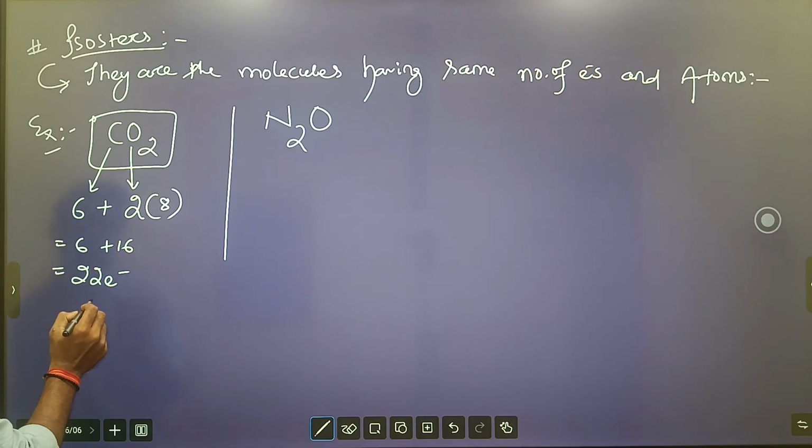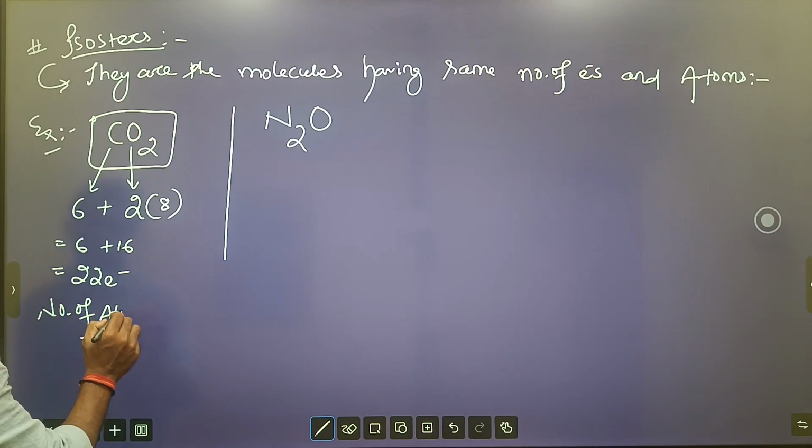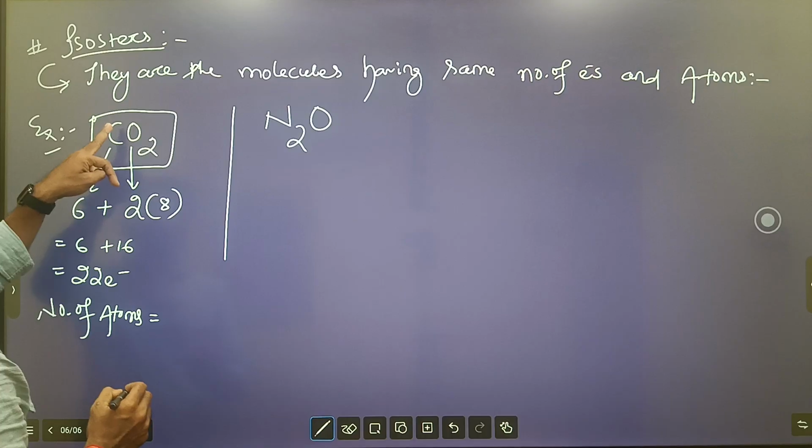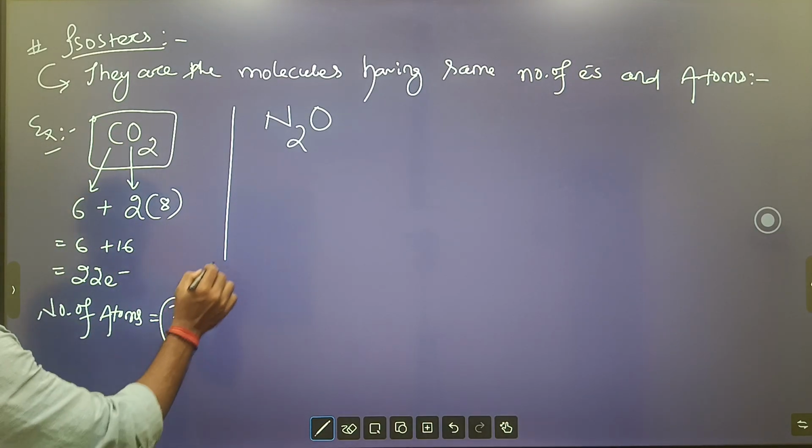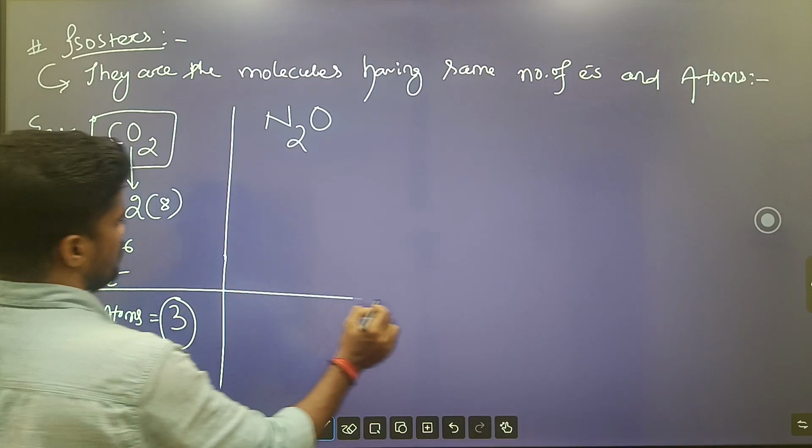Okay, so electrons we get 22, and the number of atoms, that means atomicity also we can say, 1 carbon 2 oxygen, so total atoms present here is 3.